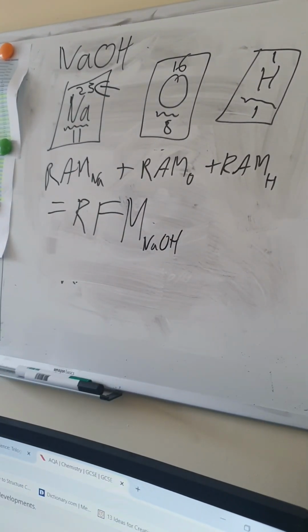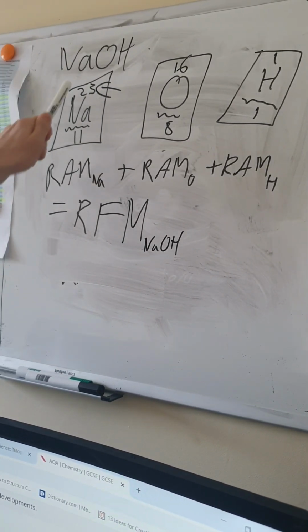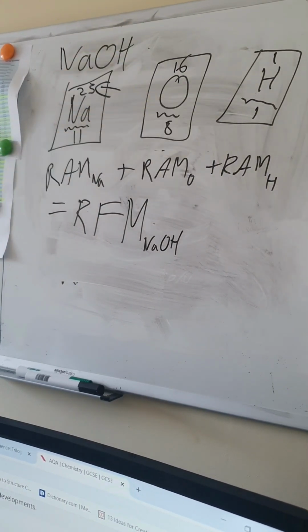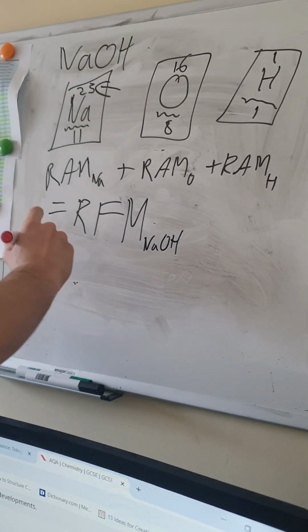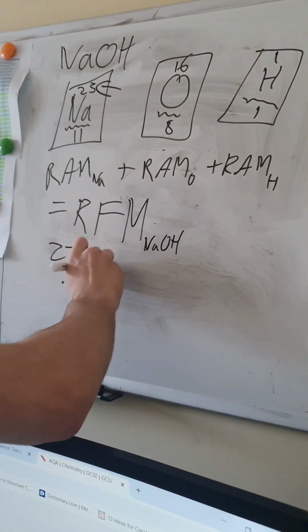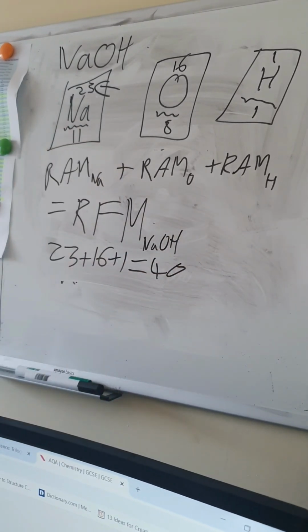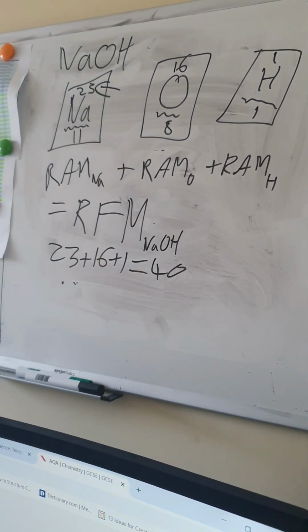So, to calculate this relative formula mass, we add this big number, add this big number, add this big number. 23, add 16, add 1, gets us to 40. So the relative formula mass is 40.